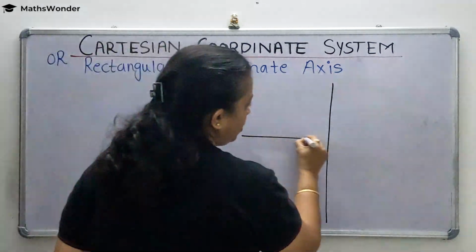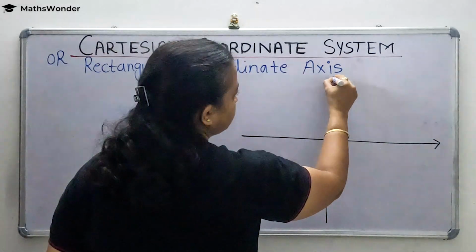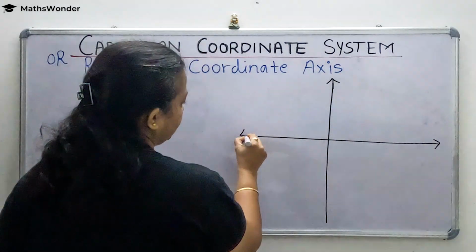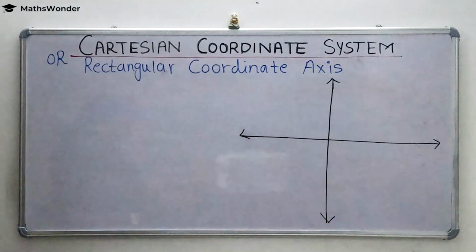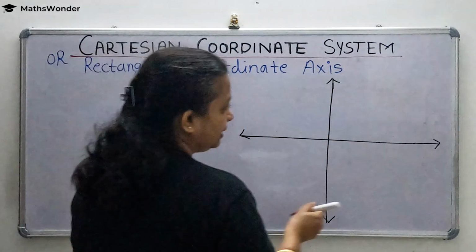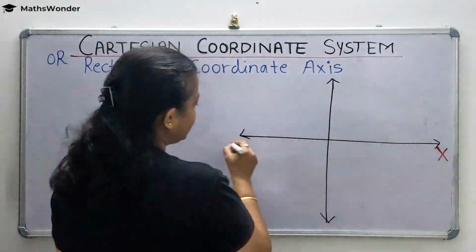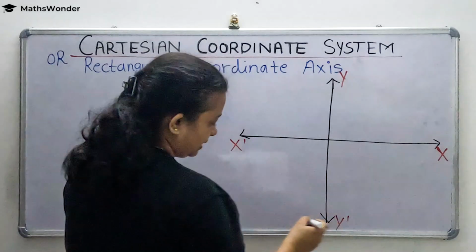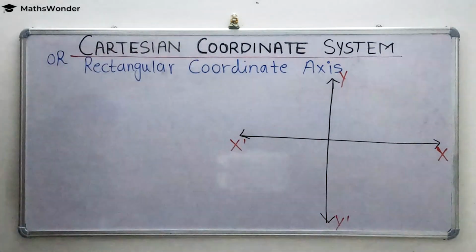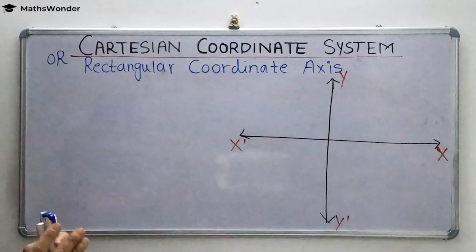See, the number line, you learned in the smaller grades, like only the x-axis. This is the number line, this is the x-axis and this is the y-axis. Now the coordinate plane is formed by two perpendicular number lines.